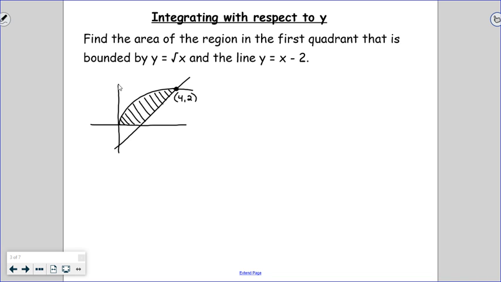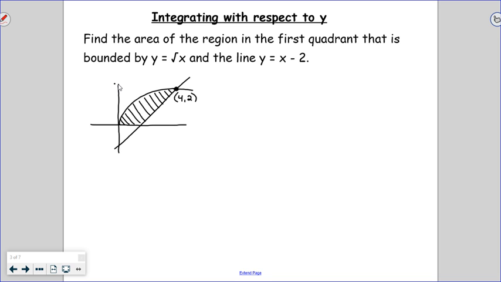But we can total up area as we move through a shaded region from bottom to top as well, okay? But then I'm moving along my y-axis, so everything then has to become something in terms of y instead of in terms of x.